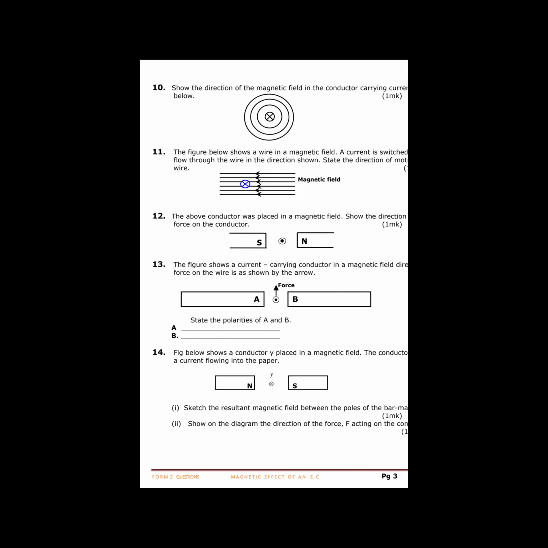Yes, you are right. Meaning the force will face downwards.